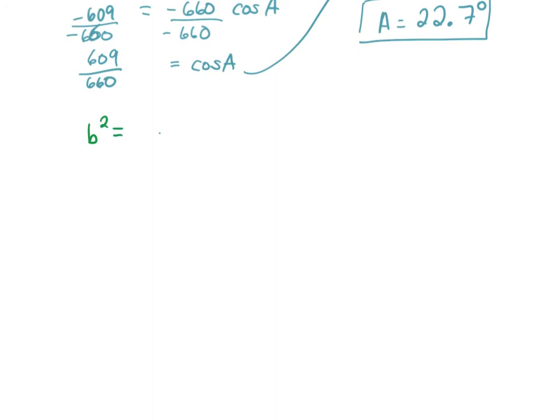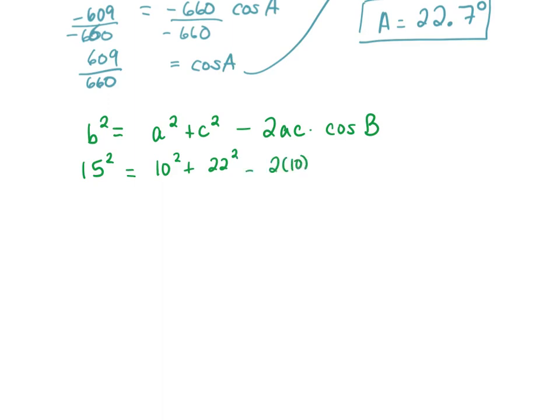So if I'm finding B, I'll use b squared equals a squared plus c squared, the other two sides, minus 2ac cosine angle B. And then I'll plug these things in. So side b in this case is 15, so 15 squared equals 10 squared plus 22 squared, just plugging it in from the triangle, minus 2 times 10 times 22 times cosine B. Same idea when evaluating it.